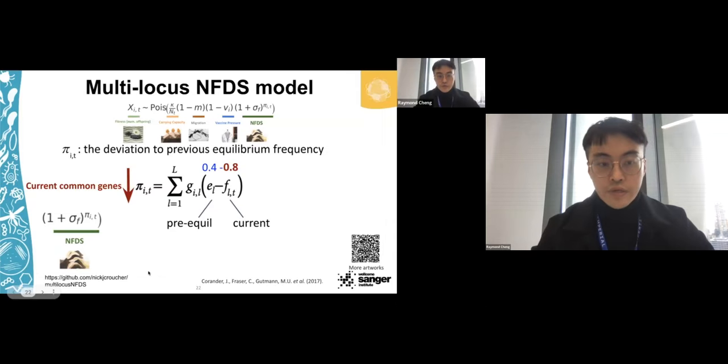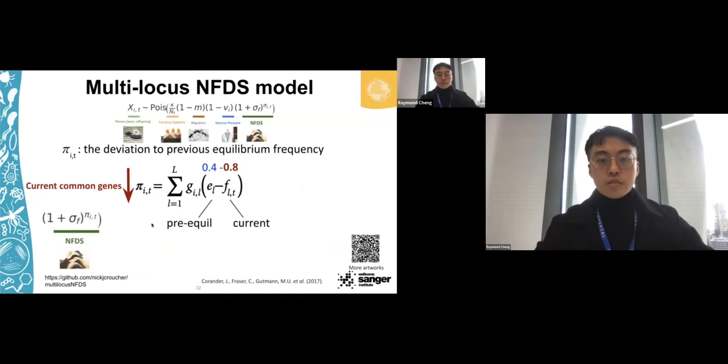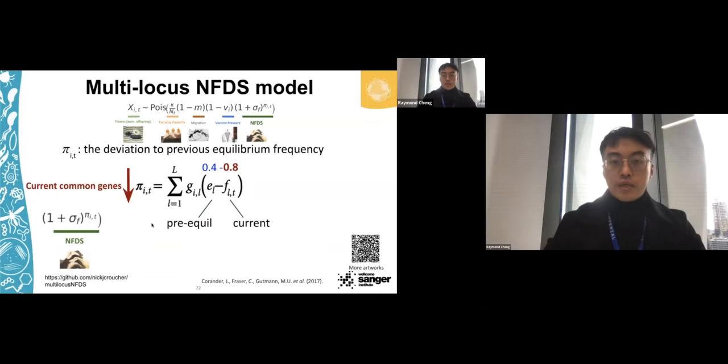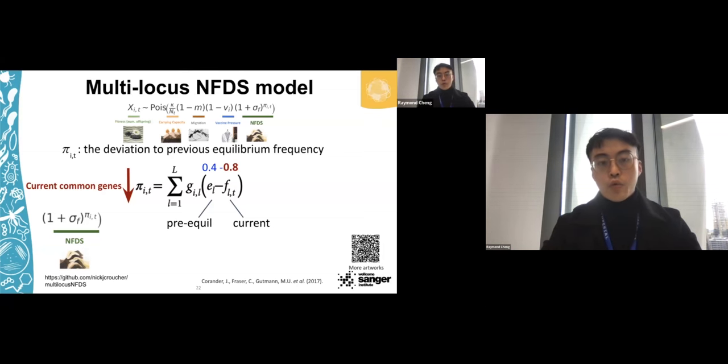In contrast, if this isolate carries a lot of common genes, for example, with frequencies around 0.8, then you will have a negative number, and at the end you will get a negative pi, which results in a decreasing offspring number. So this is how the deviation from the equilibrium will affect the offspring number.